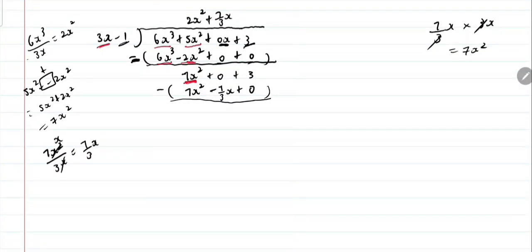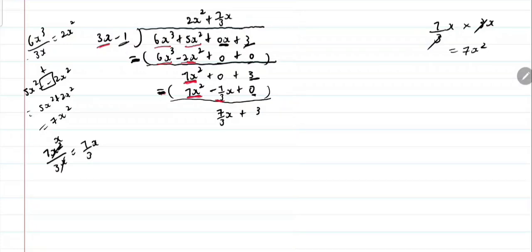Alright. 7x squared minus 7x squared is 0. Right? 0 minus 7 upon 3x is positive 7 upon 3x. Right? 3 minus 0 is 3.